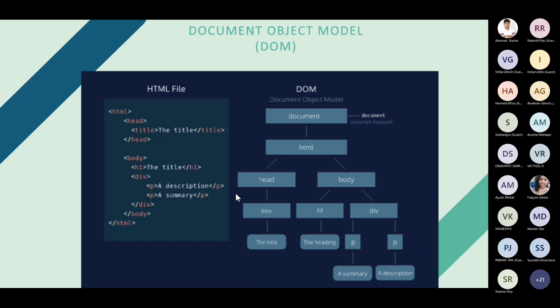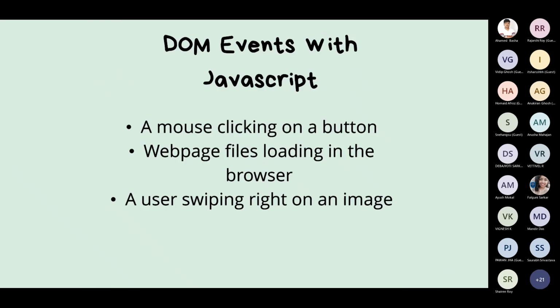So XML and HTML have a similar kind of DOM, document object model. Now let's go to DOM events with JavaScript. When I talk about DOM events, you must wonder, what is an event? When we refresh our email box, like all of us might do, because we are all techie people, we will be expecting a lot of emails.